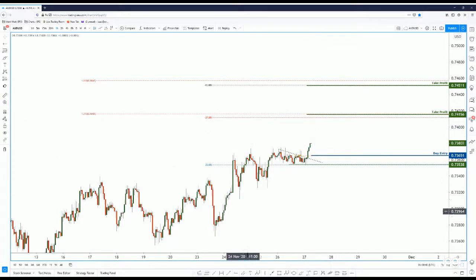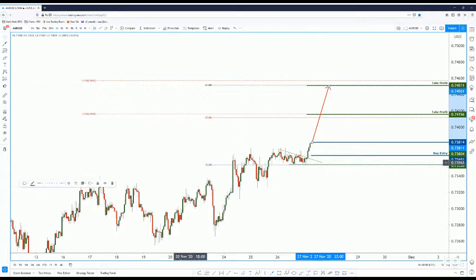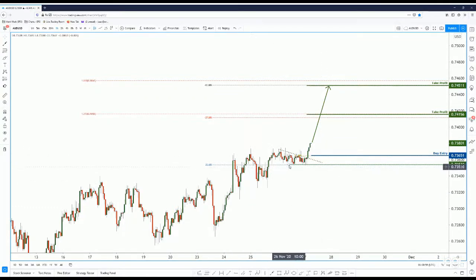For those of you who are a bit more risk loving, you can actually just hit the market now and really just play up all the way to our final take profit. But because this is Friday, I'd rather be a bit more cautious, I'll put my buy entry here. Now I know that 23.6% falls in line very nicely with graphical.